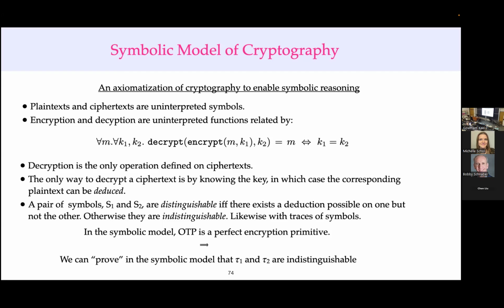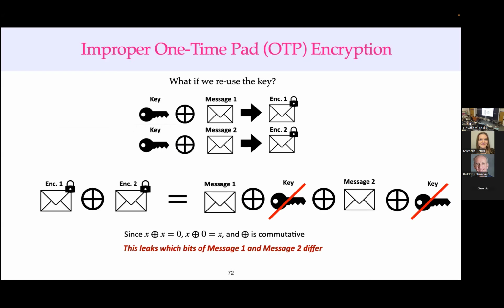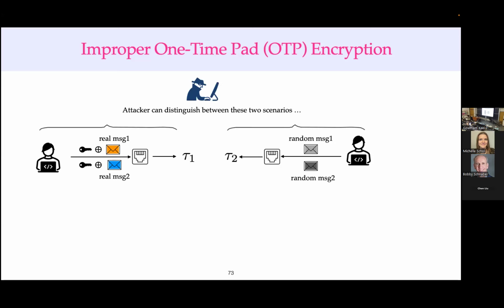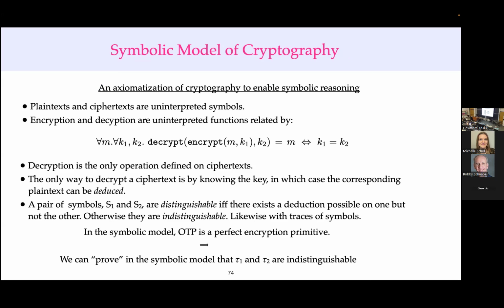The only way to get a plain text back from a ciphertext is by using a key. Otherwise, the ciphertext is indistinguishable from other ciphertext. The only way to distinguish two ciphertexts is if one can be used to deduce something that the other cannot, and that's not possible here. And therefore, these two scenarios that I've shown here are deemed to be indistinguishable, and so the proof goes through, which is bad. It shouldn't have. So how do we fix this?